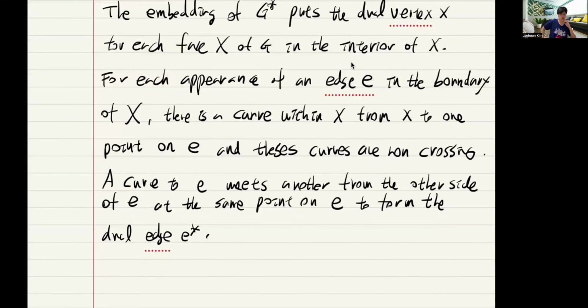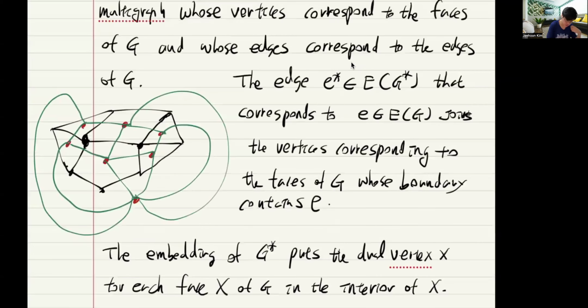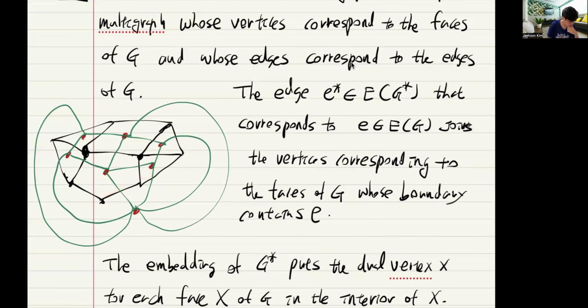So G star is a plane multigraph, and each face of G contains one vertex of G star, and each edge of G star in this embedding crosses the corresponding edge in G, and no other edges. This green one only crosses this one black edge and no other black edge, and also no other green edge, because this is a plane graph.